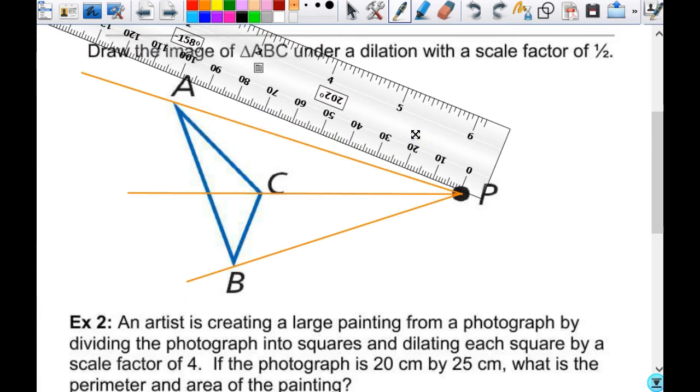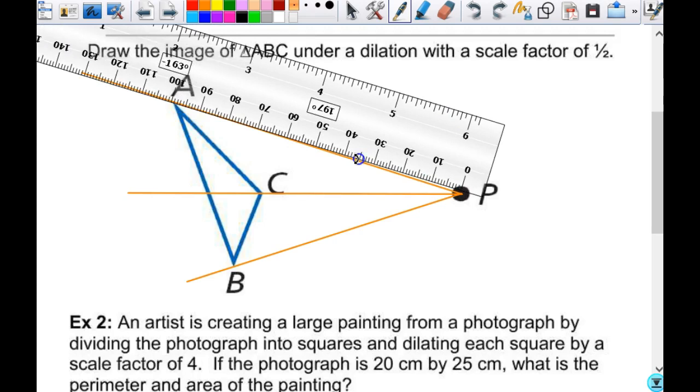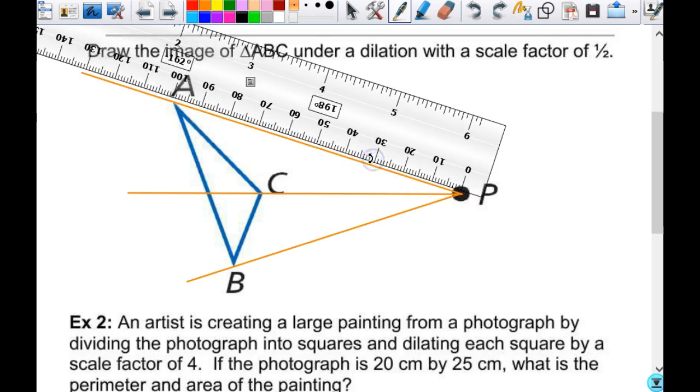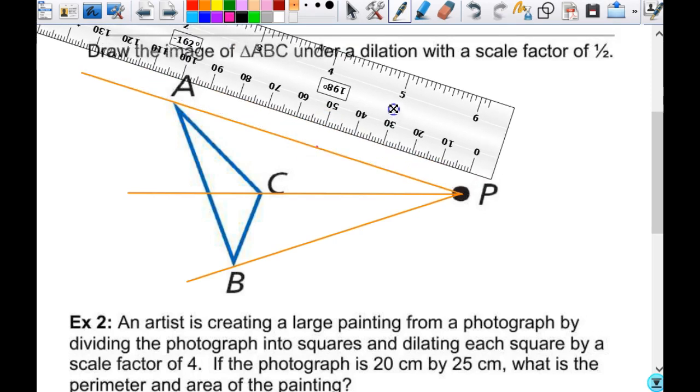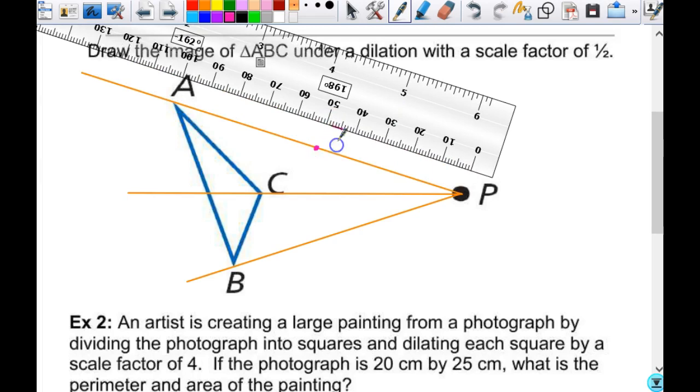And I'm going to measure the distance from P to A. And so now, since my scale factor is 1/2, when you find that distance, what do you do? Divide it by 2. So my distance happens to be 100, which means I'm going to make it 50. That's A prime. And then you do that for each one of them.